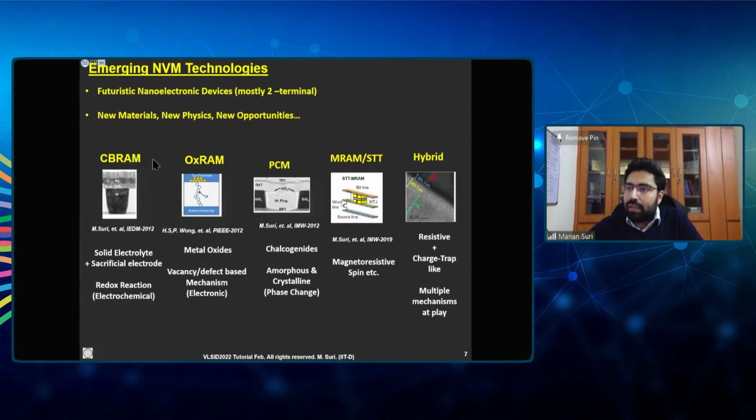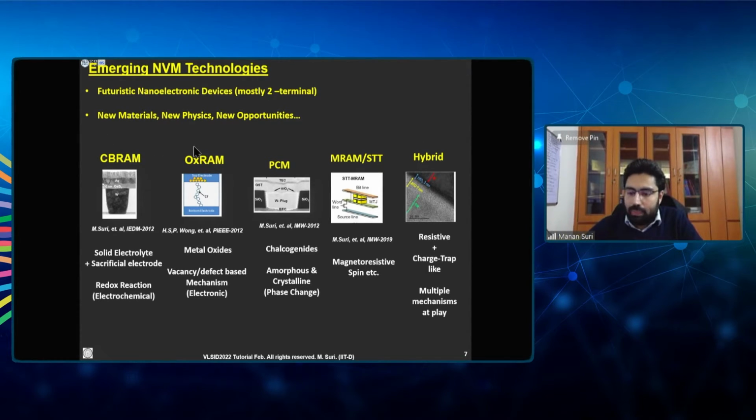There are devices like CBRAM, which stands for conductive bridge RAM, oxide-based RAM. You may have heard of terms such as memristors, RRAMs, resistive memories, phase change memories, STT, spin transfer torque, or there are cases where you combine one or two effects and you end up with some hybrid kind of memory devices.